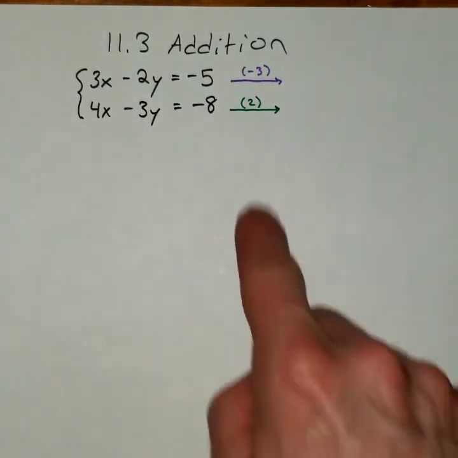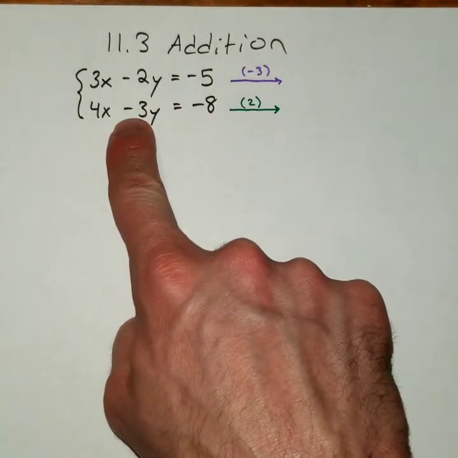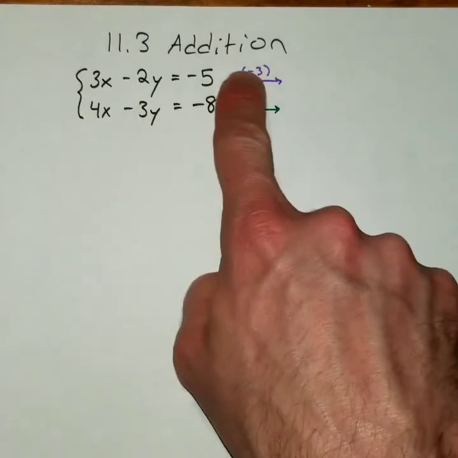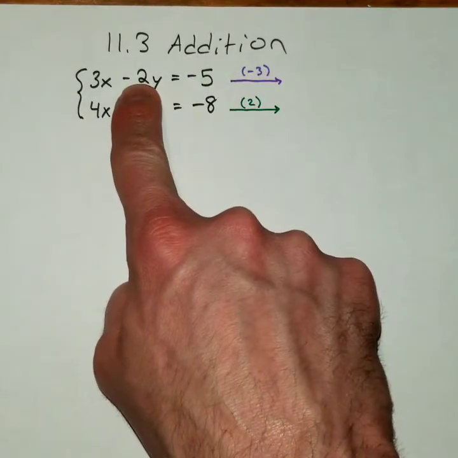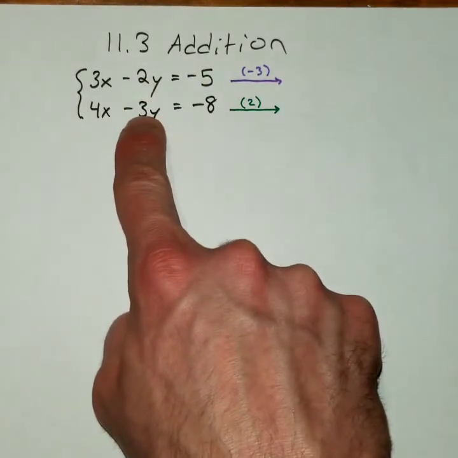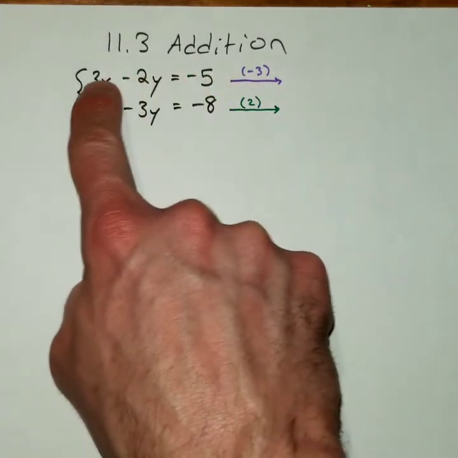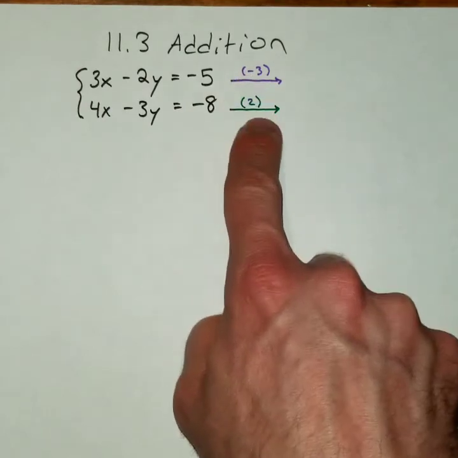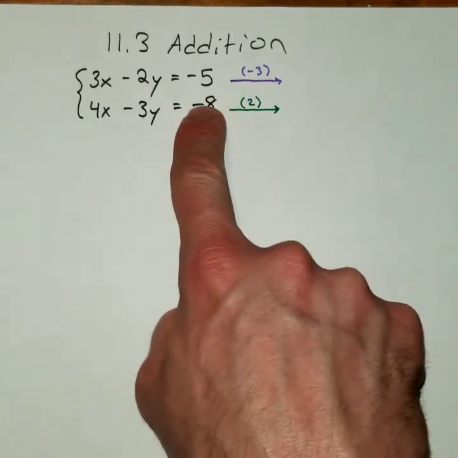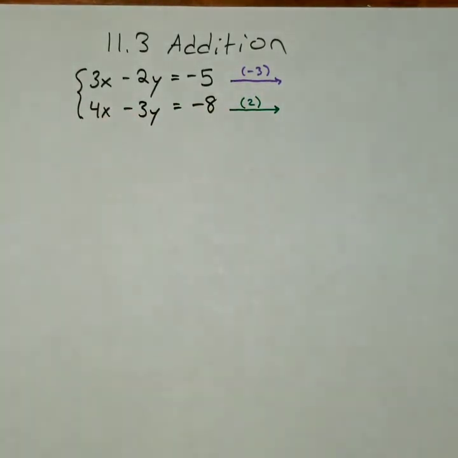So 2 times the negative 3 will be negative 6, and negative 3 times the negative 2 will be positive 6, and those will then be opposites. But remember that we have to multiply every term by that number, and same on the bottom, the 2 has to multiply every term.